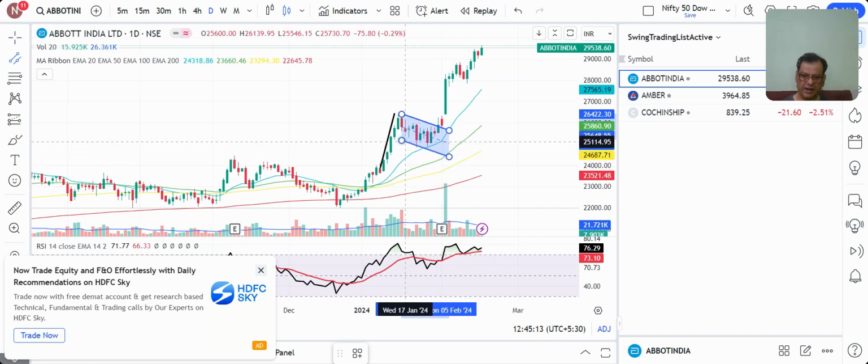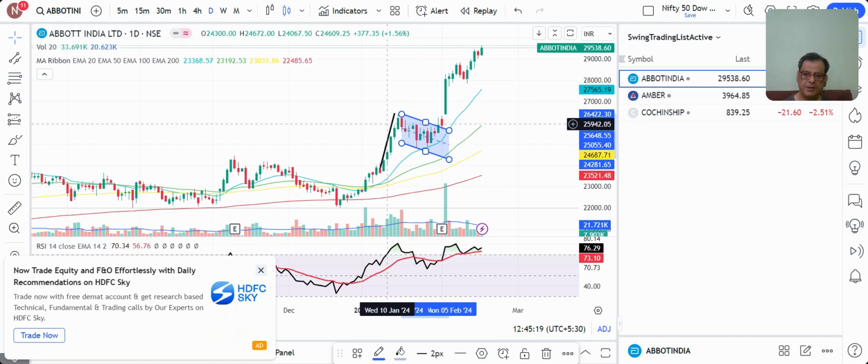This is our flag. I'll keep it at the low here. So this is the pole, this is the flag. What happens is price has gone up without taking a pause. Then price consolidates here, so it looks like a flag.